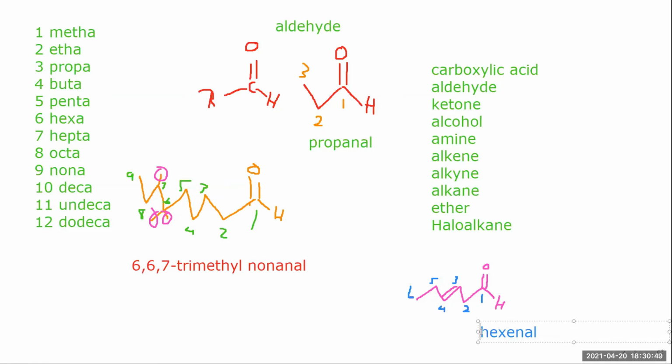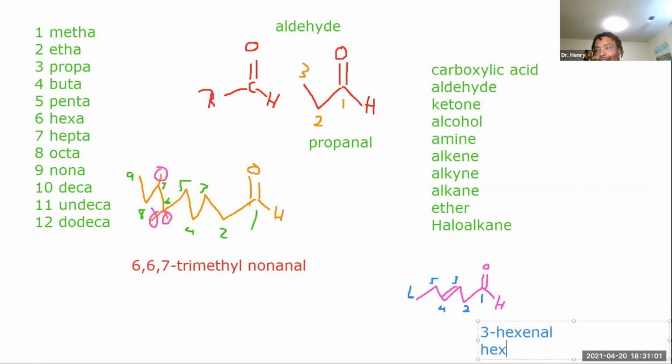Would it be 4 or would it be 3? It would be 3. Hex-3-enal. Yeah, I'm right. Sorry, I was looking the other way. Yeah, or you could do it the way that you were looking at it. Hex-3-en-al.